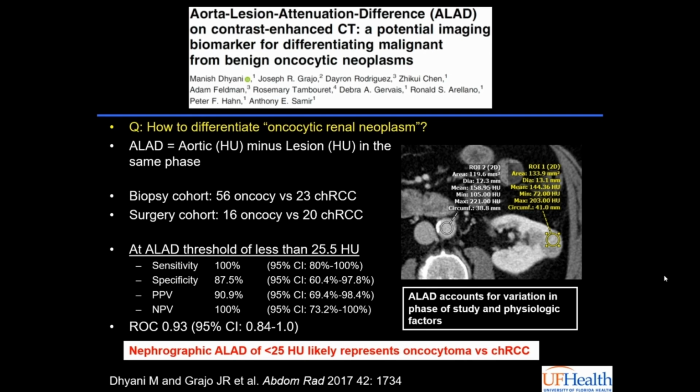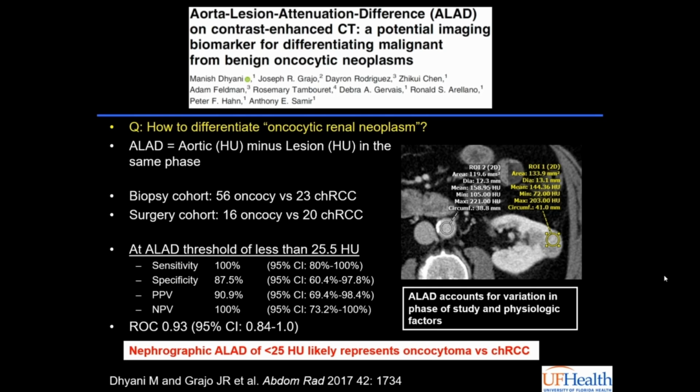They get a non-contrast phase that is just a plain scan of the body without administering any intravenous contrast. And then they do a contrast-enhanced phase, and they do a delayed phase. So they get multiple phases to give us different looks at organs within the body before, during, and after contrast administration. That allows us to look at the brightness, if you will, of different organs.